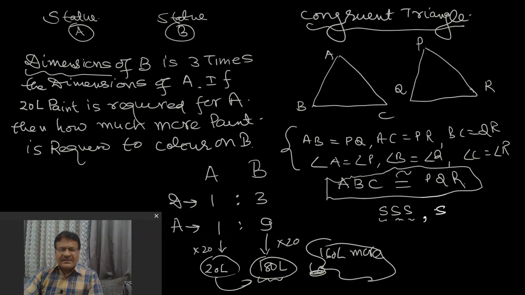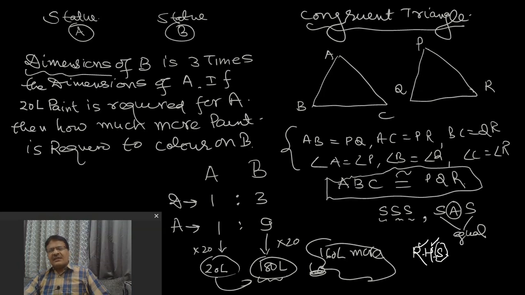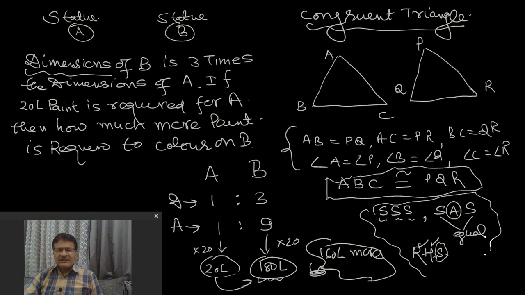The next one is SAS: 2 sides are equal, not proportional, equal, and the included angle is equal, then the triangles have to be congruent. One more famous property is RHS, right angle hypotenuse side: one angle is a right angle, the hypotenuse is equal, and any one side is equal, then we say the triangles are congruent. So these are the 3 famous properties of congruency. Please remember, triangles are congruent when they are equal in every respect.